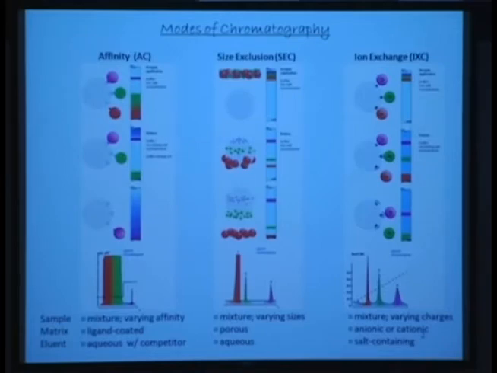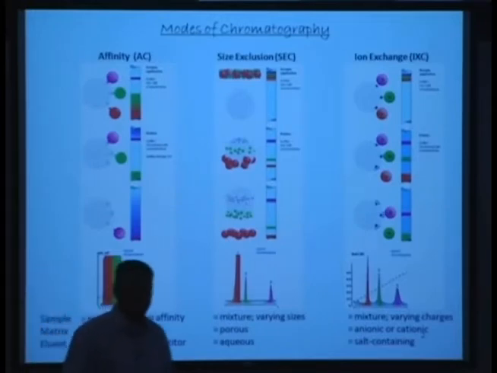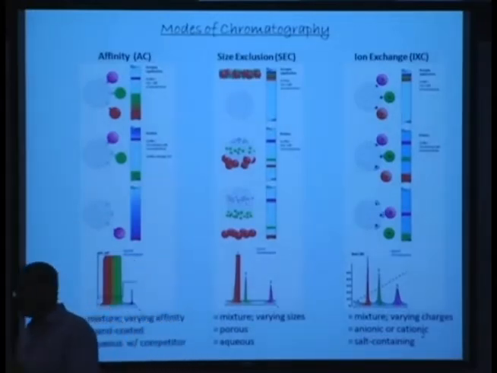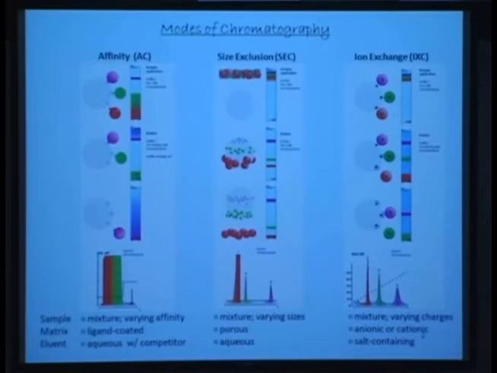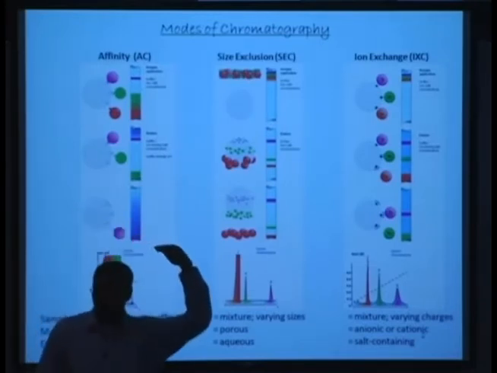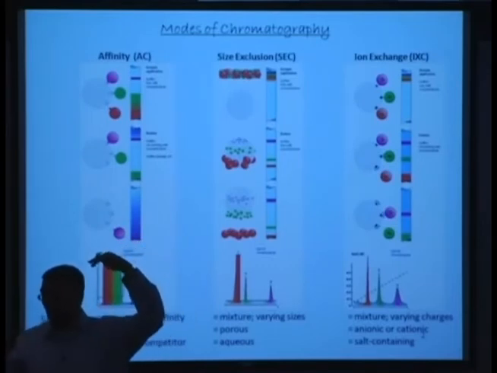But I'm going to show you a profile where the relationship between the migration time and the molecular weight is not a linear relationship. Okay? The relationship is a semi-log relationship. So when you have a semi-log relationship, the molecular weight change has to be significantly more in order to affect a small change in the retention time.